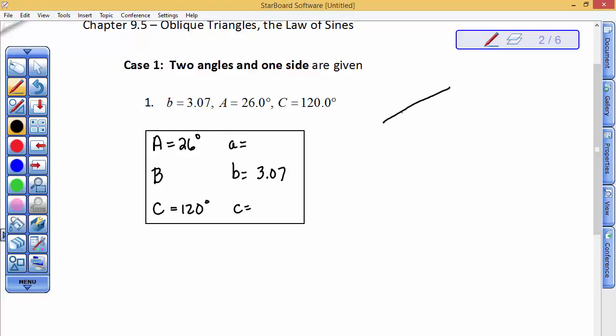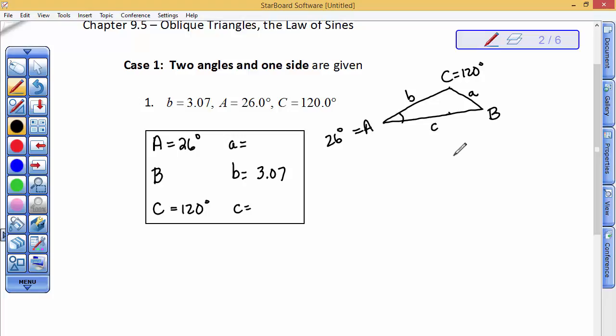I would probably put angle A right here as 26 degrees, and now I've got to draw kind of a big angle for angle C at 120 degrees. I'm just trying to get a scale drawing. So this will be called side C, this would be called side A, this would be angle B, and this would be side B. Again, trying to draw something that's somewhat to scale.